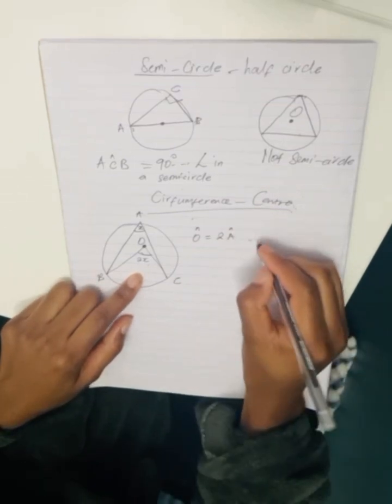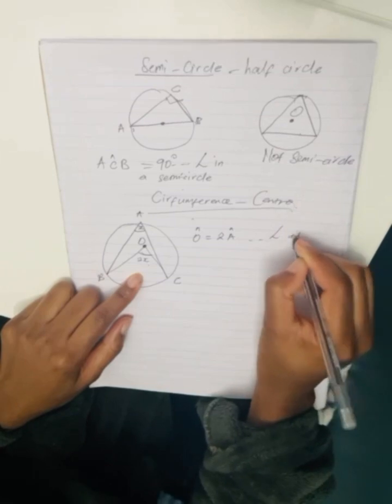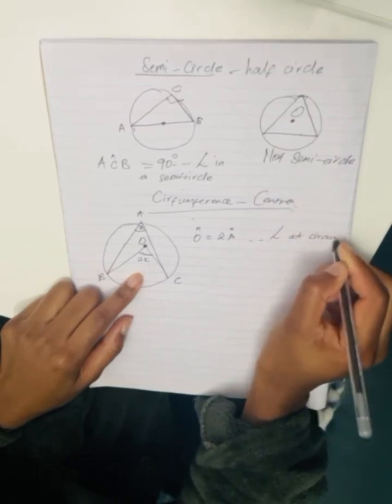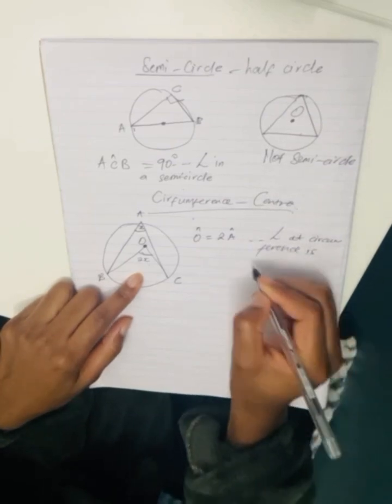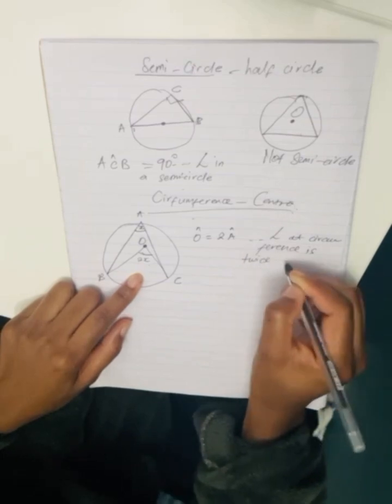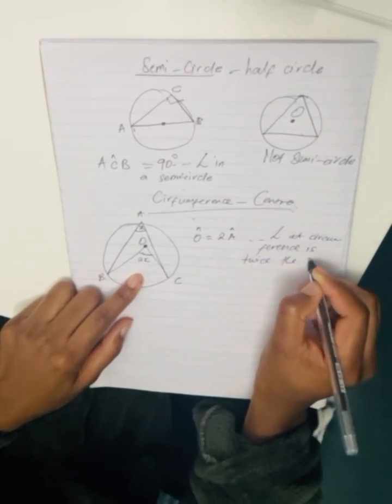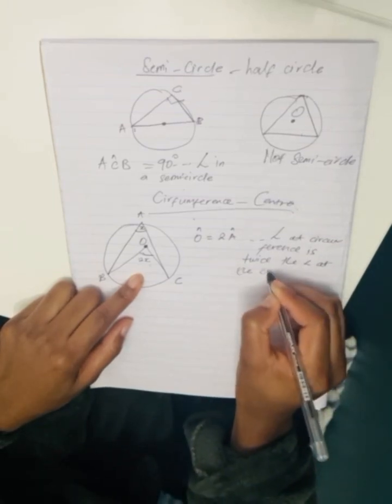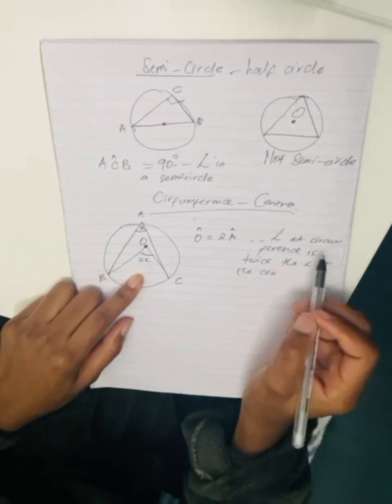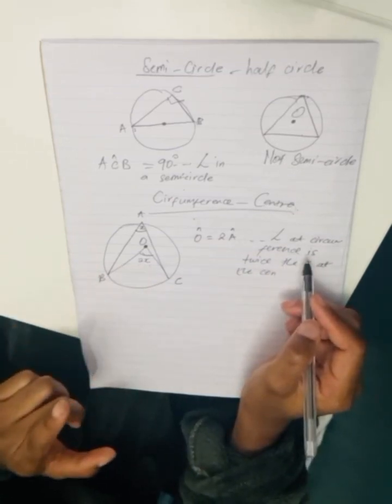Why? Because the angle at the center is twice the angle at the circumference.